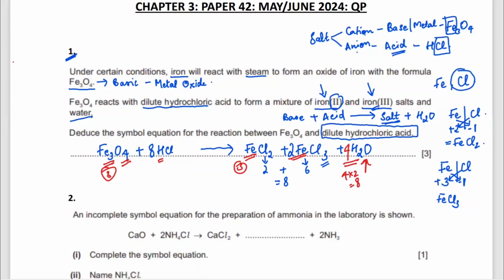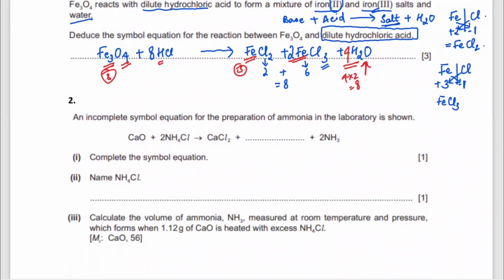Now, moving on to the next question. The second question says, an incomplete symbol equation for the preparation of ammonia in the laboratory is shown. CaO plus 2NH4Cl gives CaCl2 plus dash plus 2NH3. The question is, complete the symbol equation.